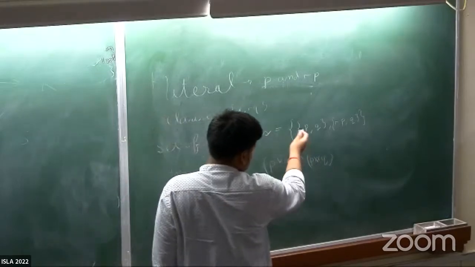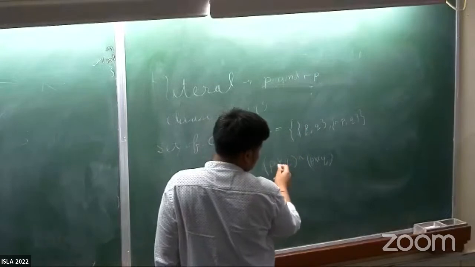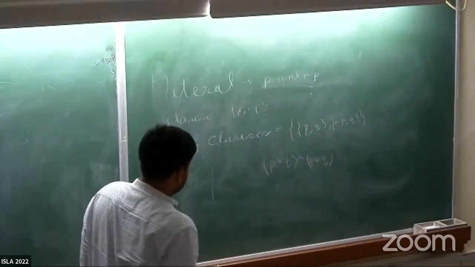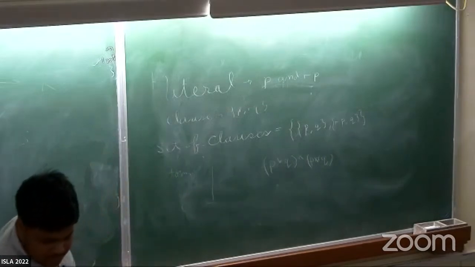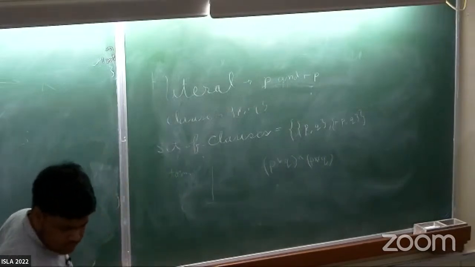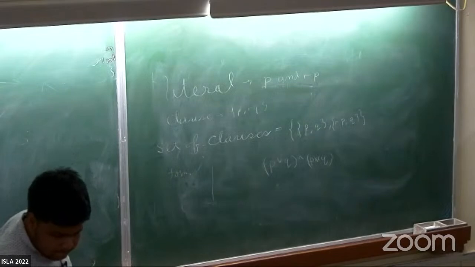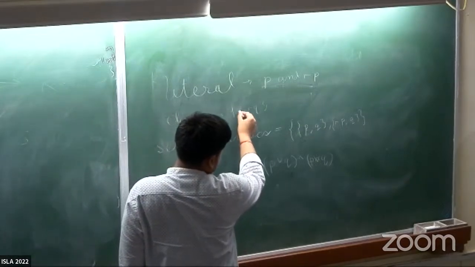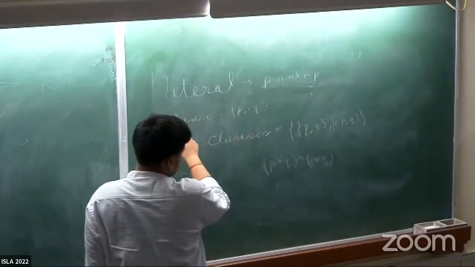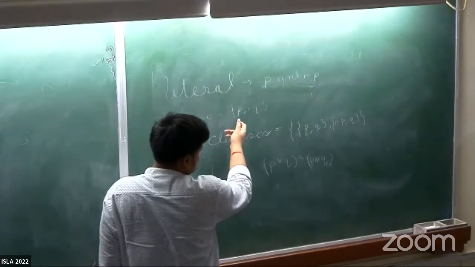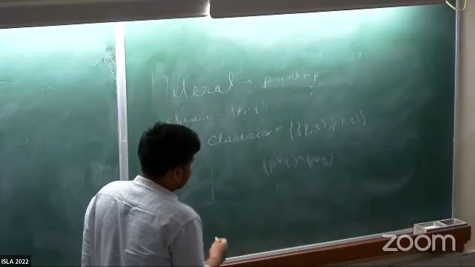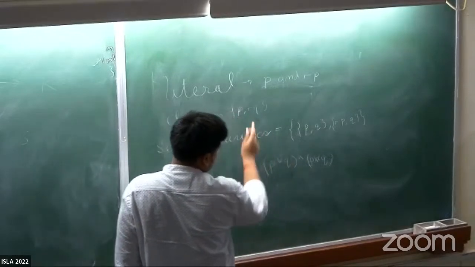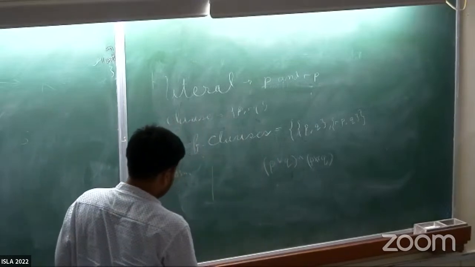And this can be written as a set of clauses, like {P, Q}, {negation P, Q}. So if any literal is true in a clause, we'll say the clause is satisfiable. If P is true, then we can say the clause is satisfiable, like P or negation Q in this.